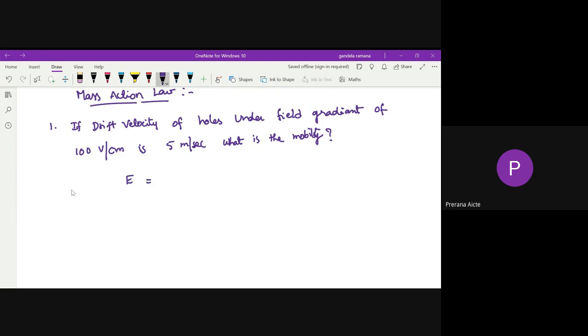Field gradient means electric field, 100 volt per centimeter. And 5 meter per second is the drift velocity. So Vd is equal to 5 meter per second. What we want to find out is mobility, mu.